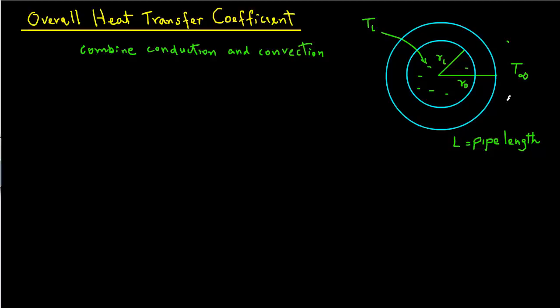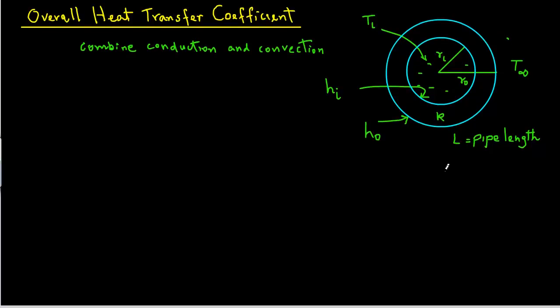The pipe itself is made of some material, let's say its thermal conductivity is k, and the convective heat transfer coefficient on the inside surface of the pipe is Hi, and on the outside surface is Ho. So if we draw a temperature profile, we will start from the inside temperature.